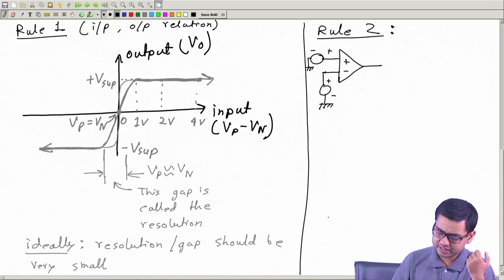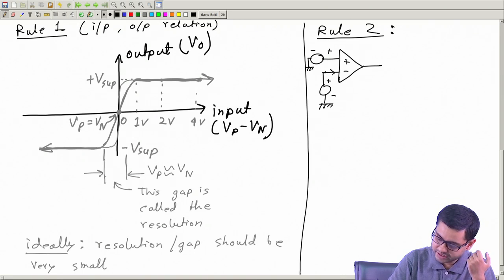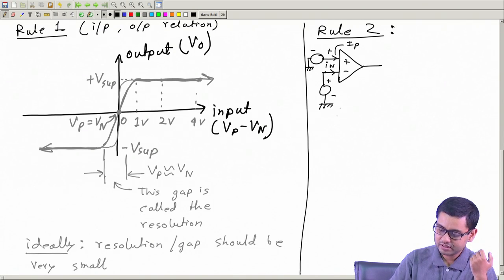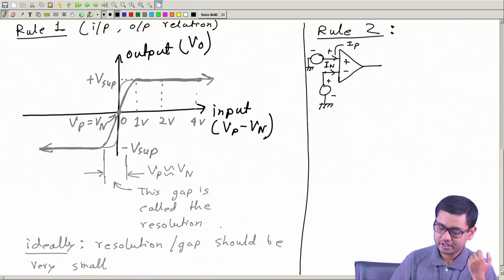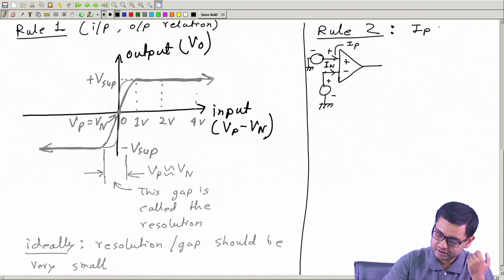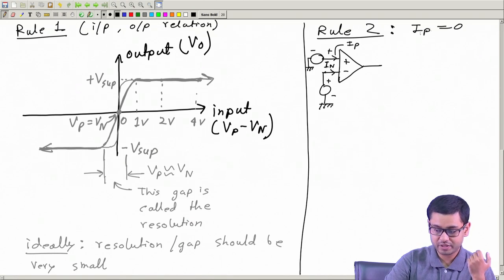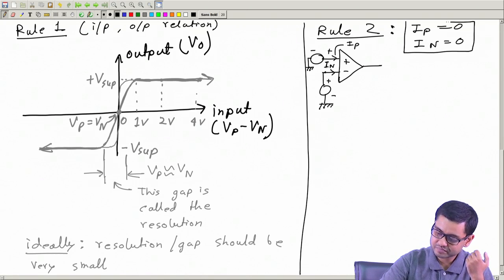The rule 2 says this current, call it IN, and this current, call it IP, the current that goes through the positive input terminal, P for positive, and IN through the negative input terminal. Rule 2 says IP is equal to 0 for an ideal op amp, and IN is also equal to 0 for an ideal op amp.